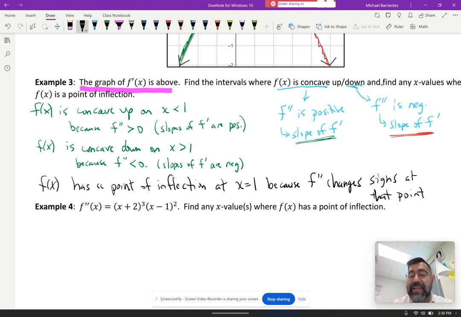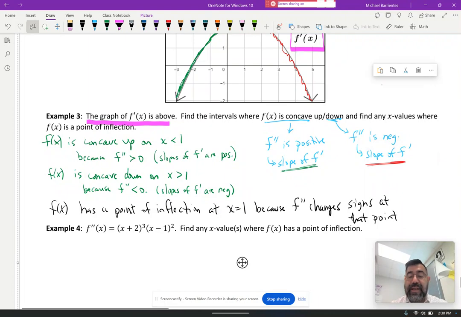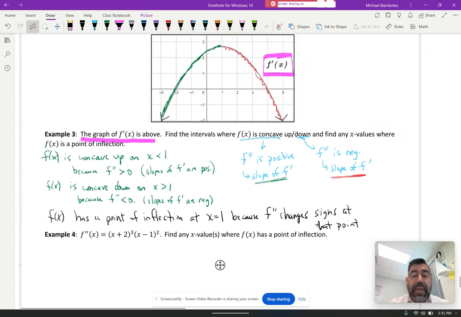I feel like if I already referenced the point over here, I don't need to write it again. I'm just going to say at that point. But you can most certainly say changes signs at x equals 1. That's why there's a point of inflection at x equals 1. And that's it. We successfully answered the question, and it wasn't that bad because they gave me the first derivative graph. However, you have to remember, what is it that you're looking for? What is it that you're given? What is it that I'm going to focus on so that you can answer the question correctly?